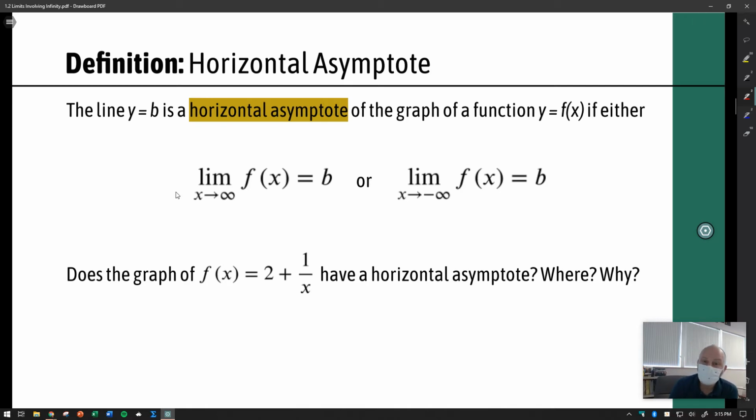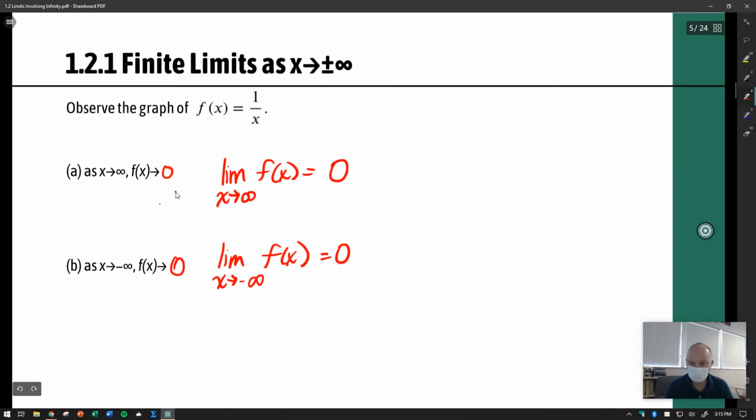The line y equals b is a horizontal asymptote of the graph of a function y equals f of x if either the limit as x approaches infinity of that function is some number b, or the limit as x approaches negative infinity of that function is some number b. So in the previous example, since the limit as x approaches infinity of 1 over x is 0, then y equals 0 is a horizontal asymptote.